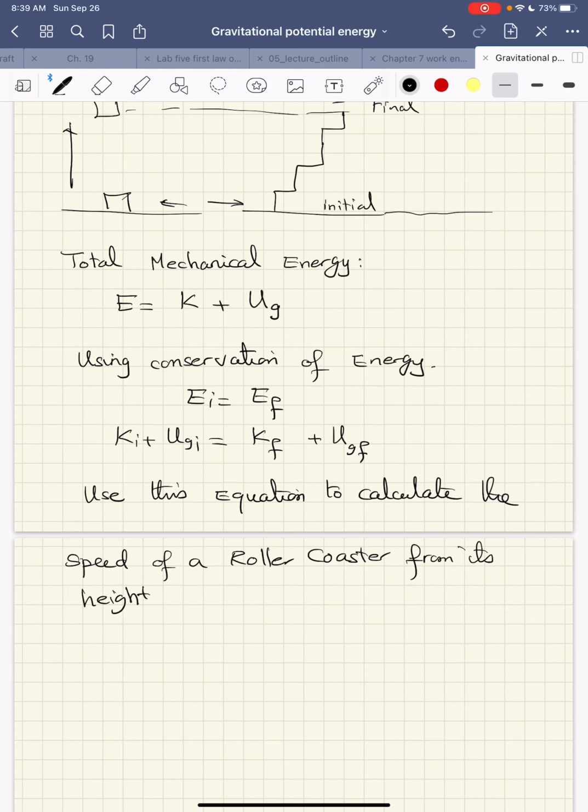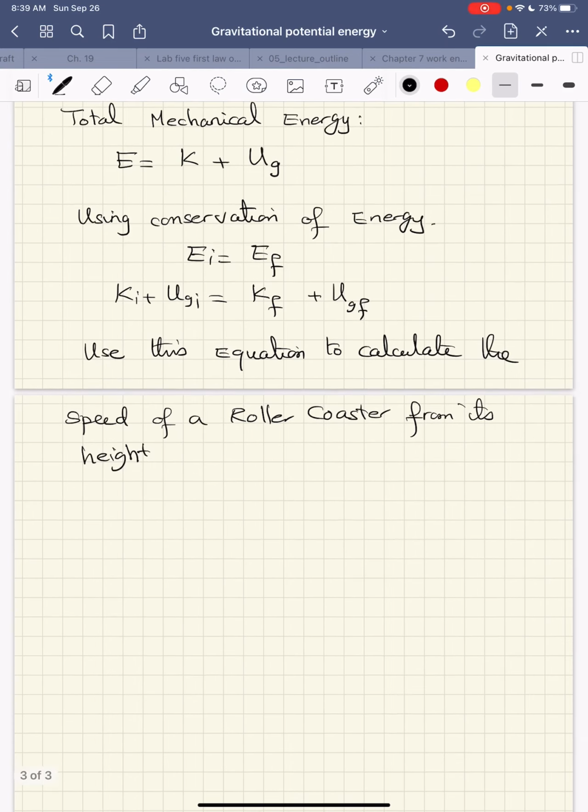We have here a roller coaster that looks like this. This is where my cart is initially, and this is the start. Here my v initial equals 0.